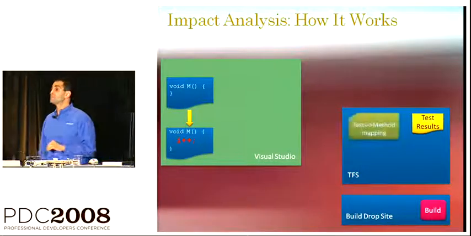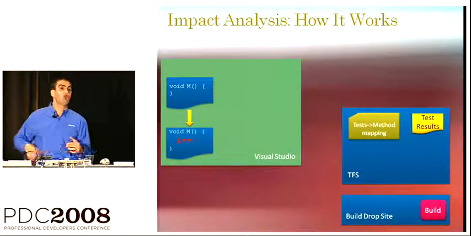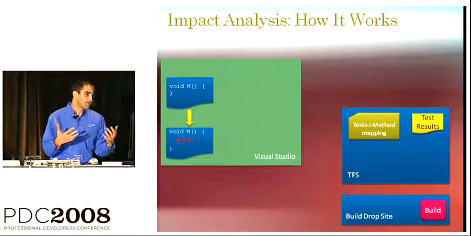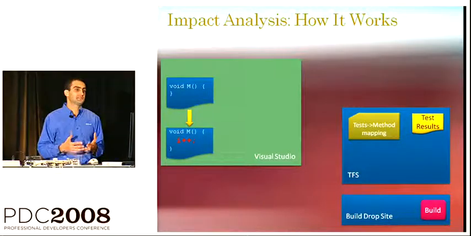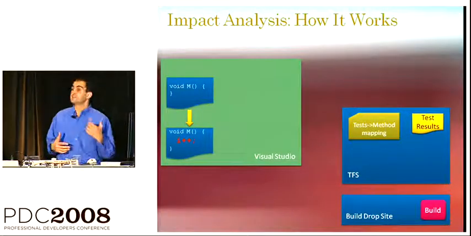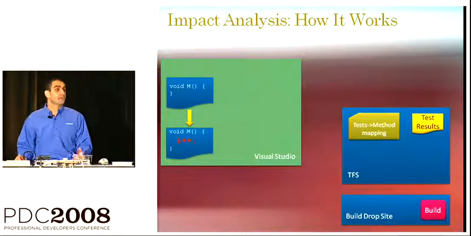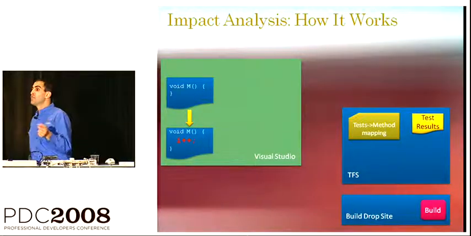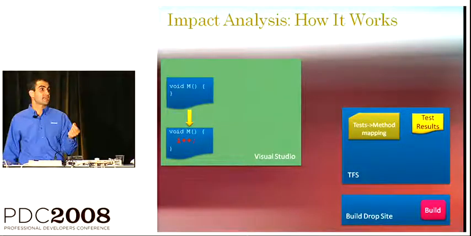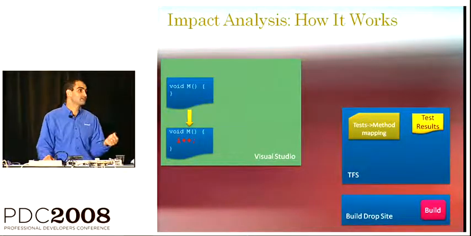Now, something new in 2010 is the fact that we'll also create this file or the system, the database that contains the tests to method mappings. Now, what does this actually mean? It means that we now know which tests actually cover which methods.